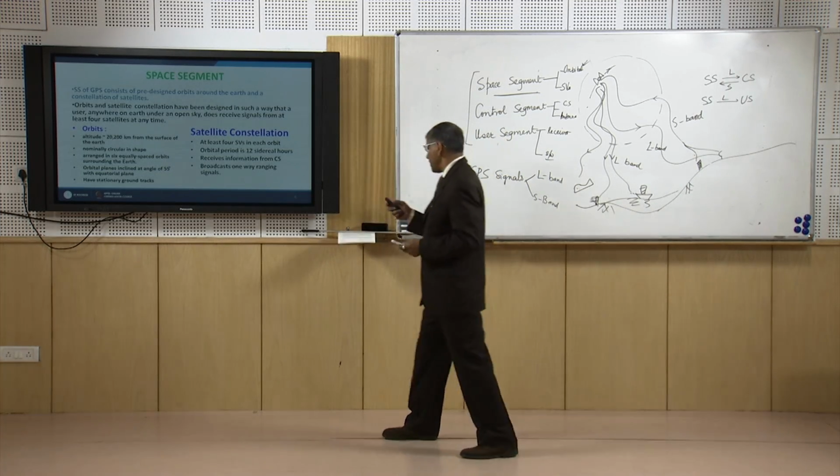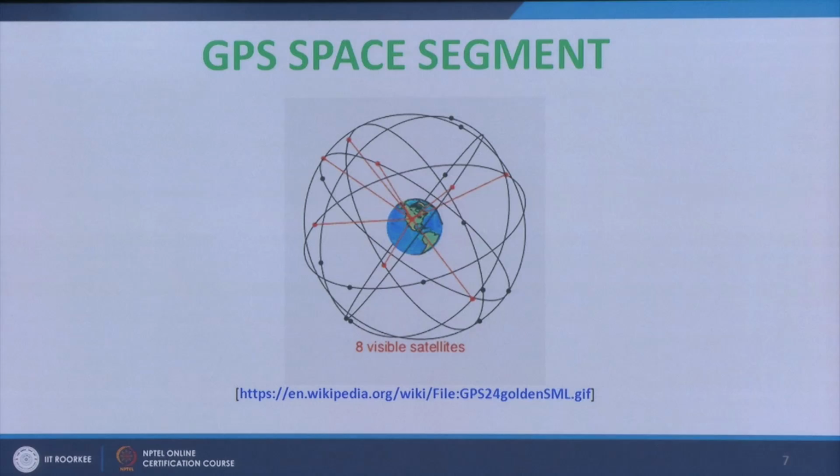So here is a figure. You can see at any point on the surface of the earth, these are the orbits along which the satellites, shown by black or red dots, are revolving around the earth, and at any point on the surface of the earth the signals from satellites are coming, which is shown by red lines.